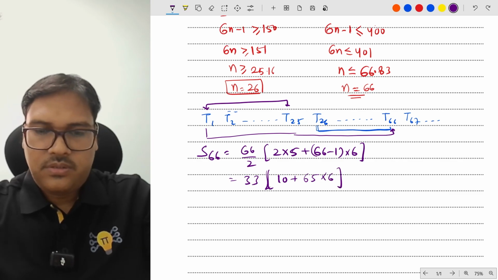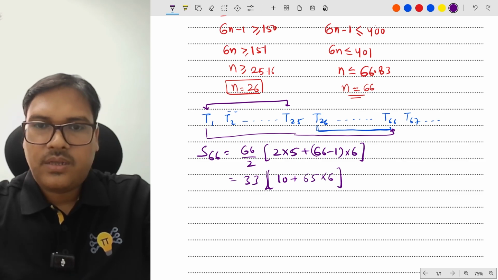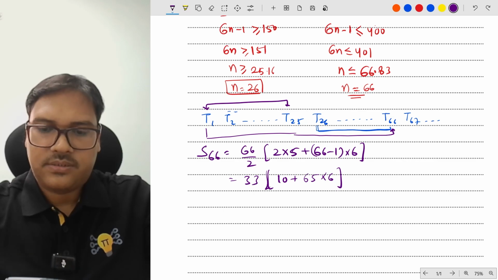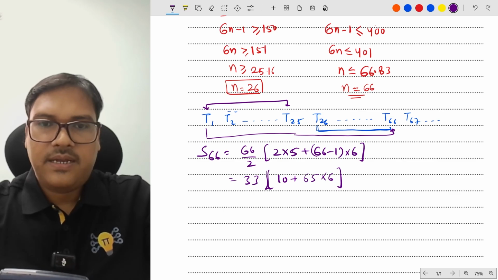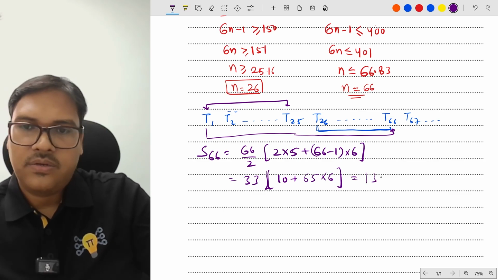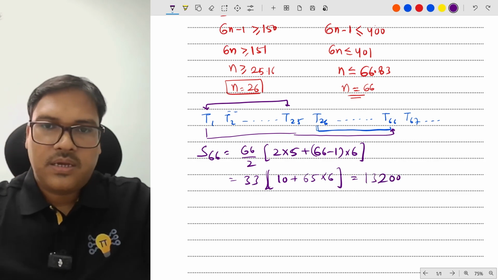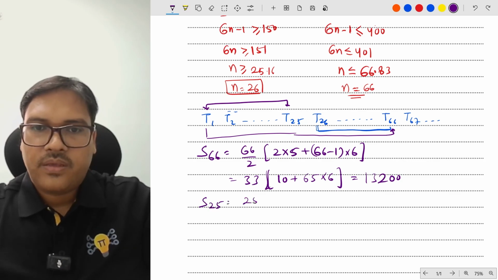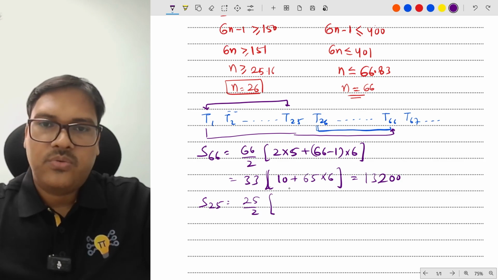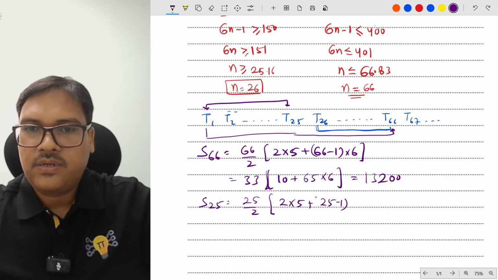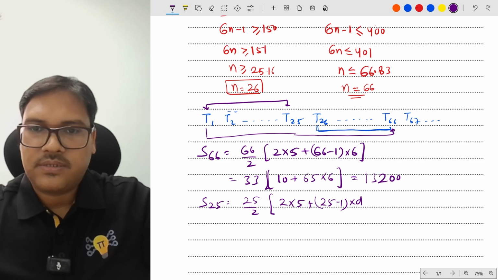This is 10 plus 65 into 6, multiplied with 33. So this value is 13200. And what is the sum of 25 terms? This is n by 2, 2a, that is 5, plus 25 minus 1 into d, which is 6.